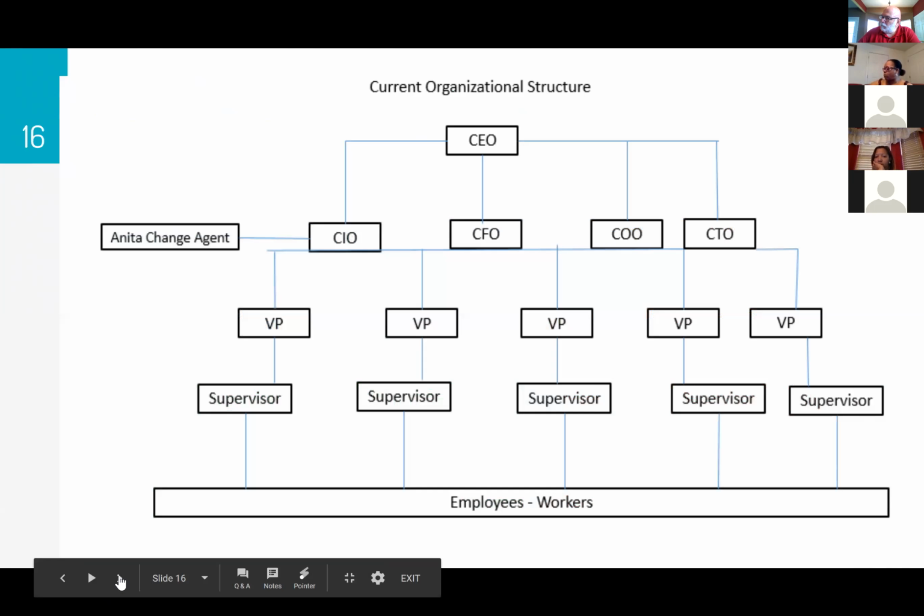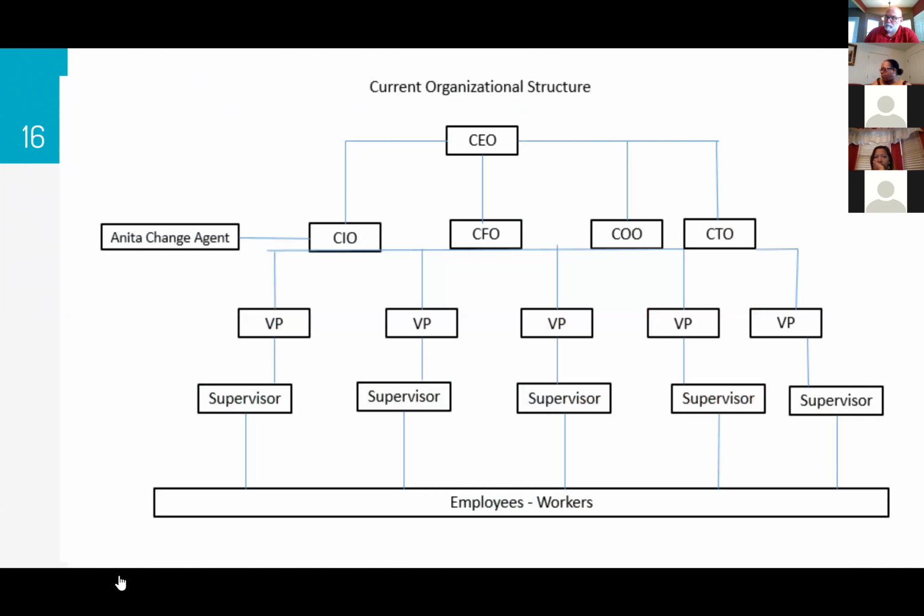Moving from the SWOT analysis, we wanted to look at the current organizational structure because they identified it in the case study, but we wanted to put it out in black and white so that we can see it. So we know that there are a lot of chiefs. We have the CEO, the CIO, Chief Information Officer, the Chief Financial Officer, Chief Operational Officer, and the Chief Technology Officer.